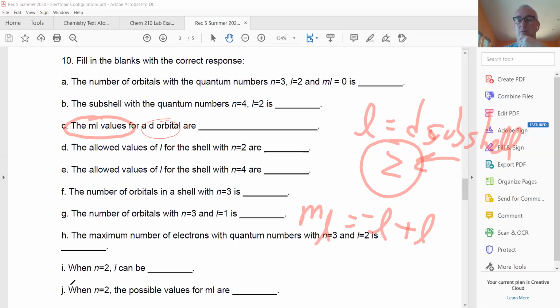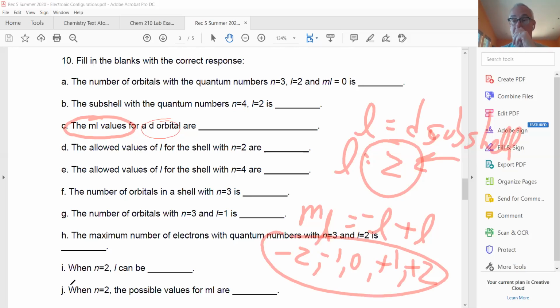If L is 2, ML is minus L to plus L. So what are my values? -2, -1, 0, plus 1, plus 2. Those are my 5 values it can be. So that's the answer for C.